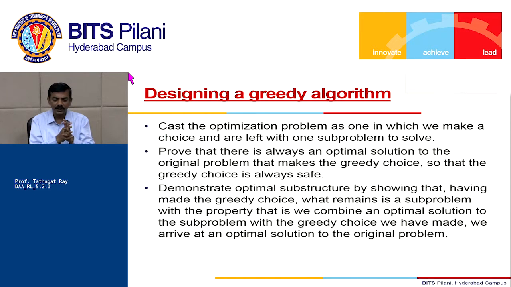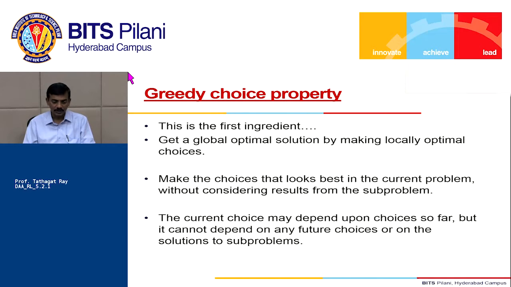The third thing is saying that you need to demonstrate that whatever is the sub problem, once I get the optimal solution for that sub problem and I add this greedy choice to it, I get an optimal solution for the entire problem. So there is an optimal substructure. So these are the important steps you need to see while designing a greedy algorithm.